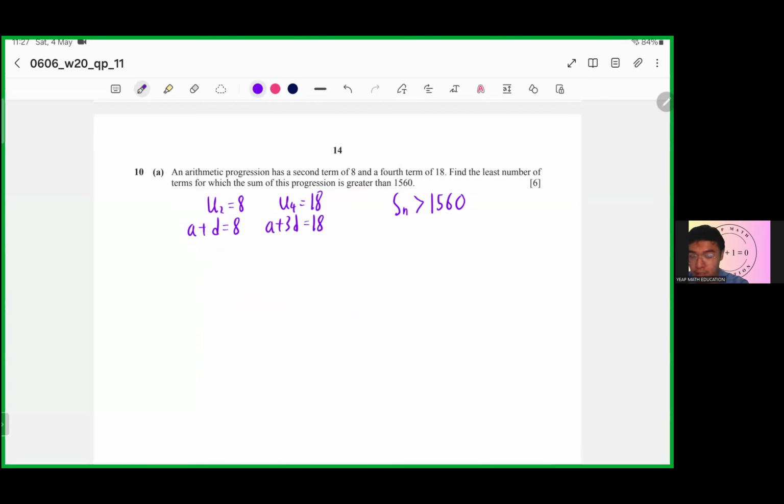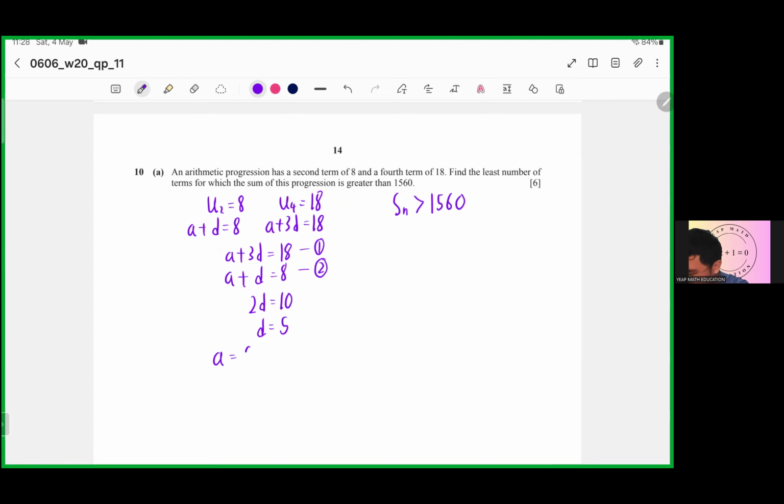Now we can use the elimination method to find the common difference and first term.